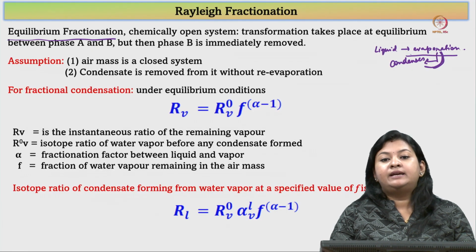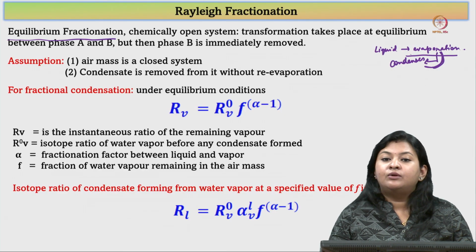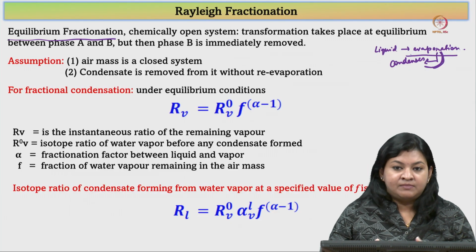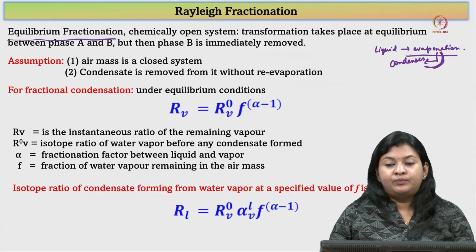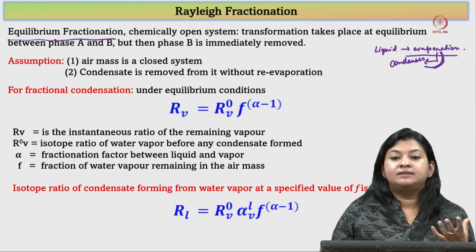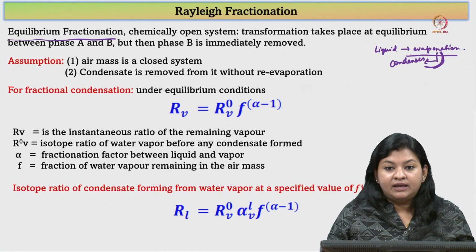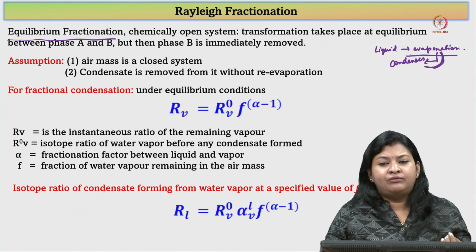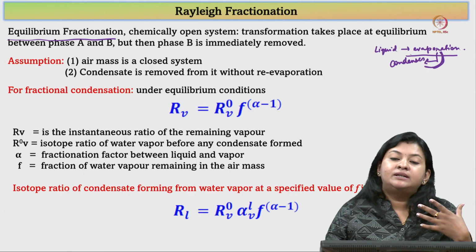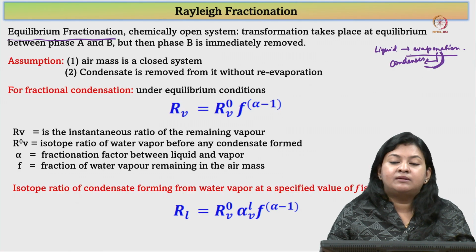First, that the air mass is a closed system, there are no more inputs or outputs from this vapor that is moving inside the land mass. And second of all, whenever the rain is falling, there is no evaporation. Generally what happens is, whenever the raindrops are falling, if the temperature is very high, most of the rainfall will get evaporated in the atmosphere itself. It will get evaporated in the atmosphere and the remaining condensate will come down. Okay.